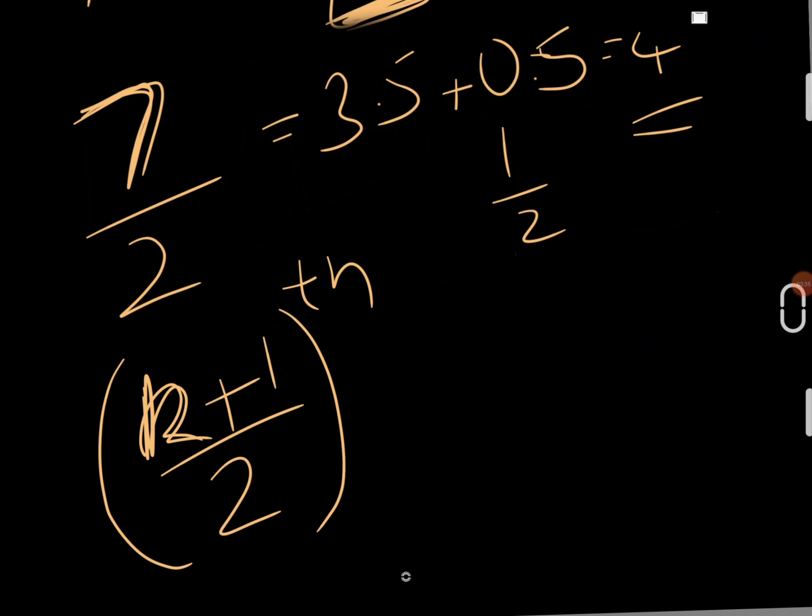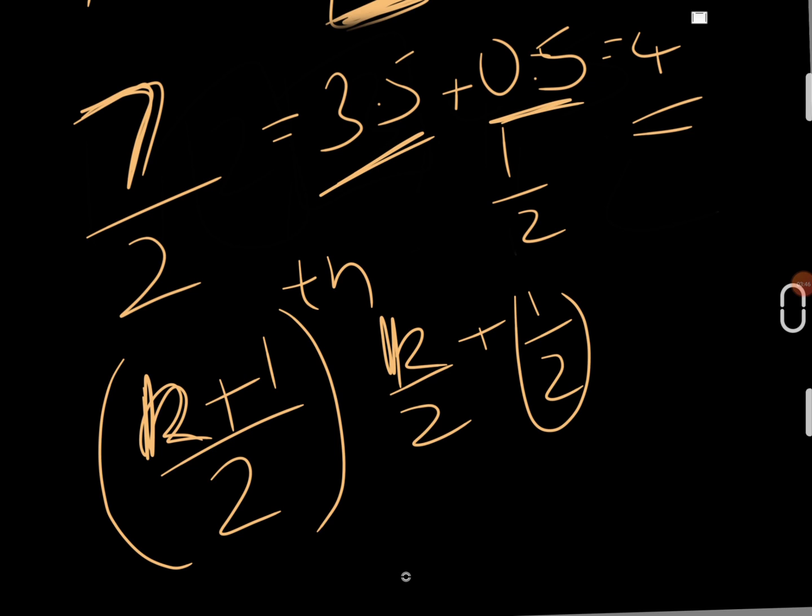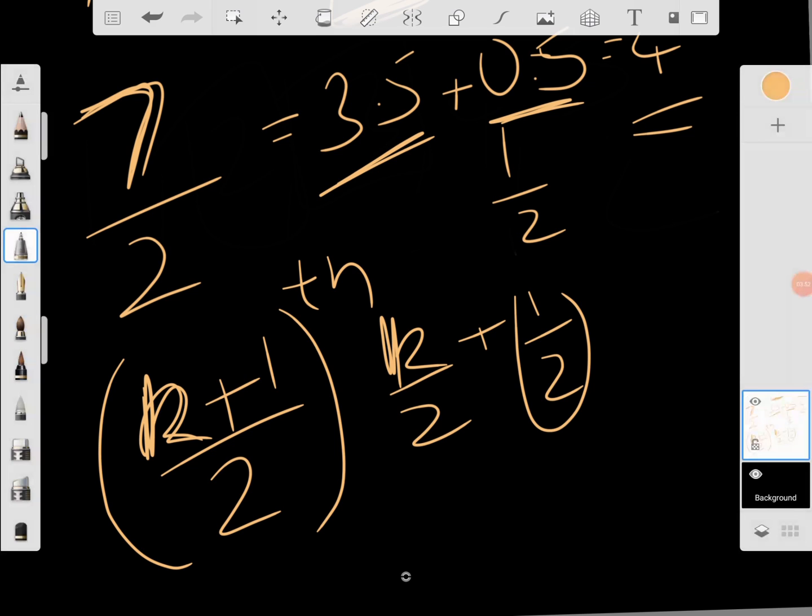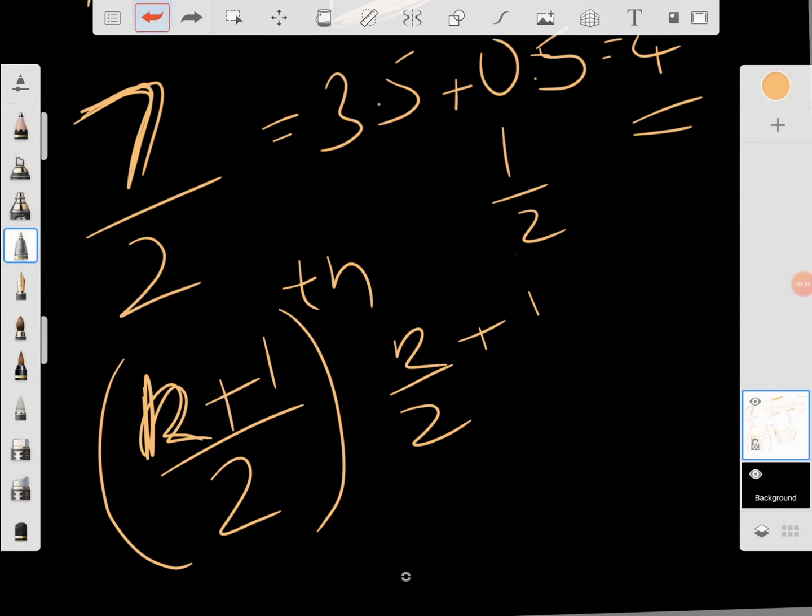Now this (k plus 1) by 2, I can write as k by 2 plus 1 by 2, right? That's exactly what I have done here. k by 2, that is 7 by 2, 3.5, plus 1 by 2, that is plus 0.5. You can either write it like this, or write it together, (k plus 1) whole divided by 2. Whichever way you feel is easier for you to understand. So I hope that is clear.